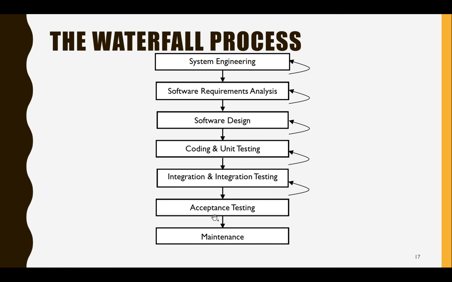And this is one of the well-known processes. It's called the waterfall process. We call it waterfall because things generally flow downward, like water. After someone has done some system engineering, looking at the whole system and how things would fit together, they identify the software requirements, and then they design at a very high level what big components are necessary.